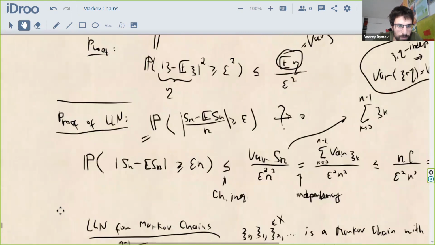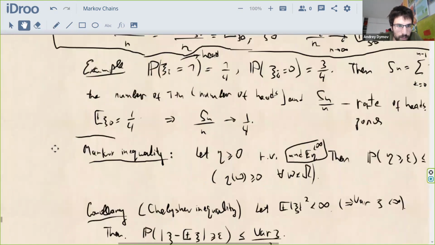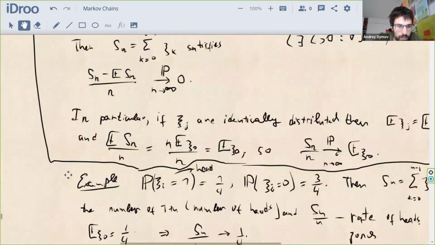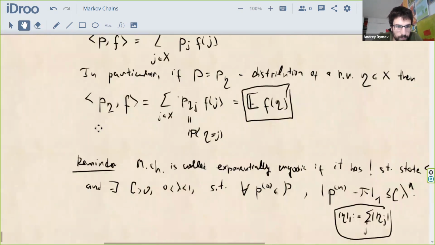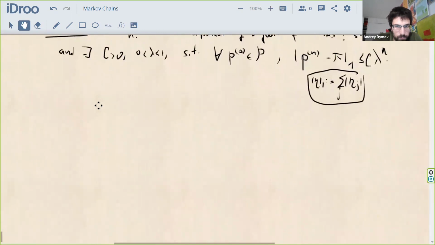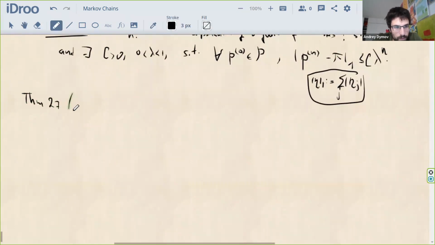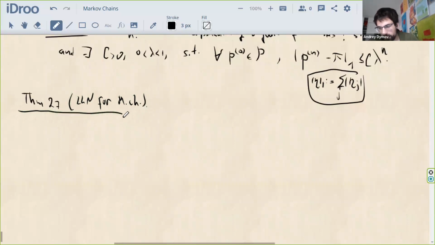This was theorem number 26, so now it should be theorem 27. Theorem 27, the law of large numbers for Markov chains.